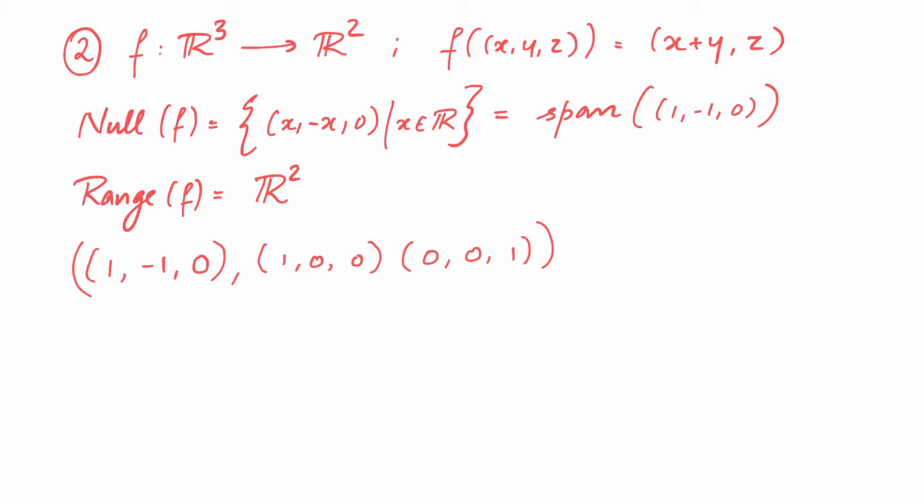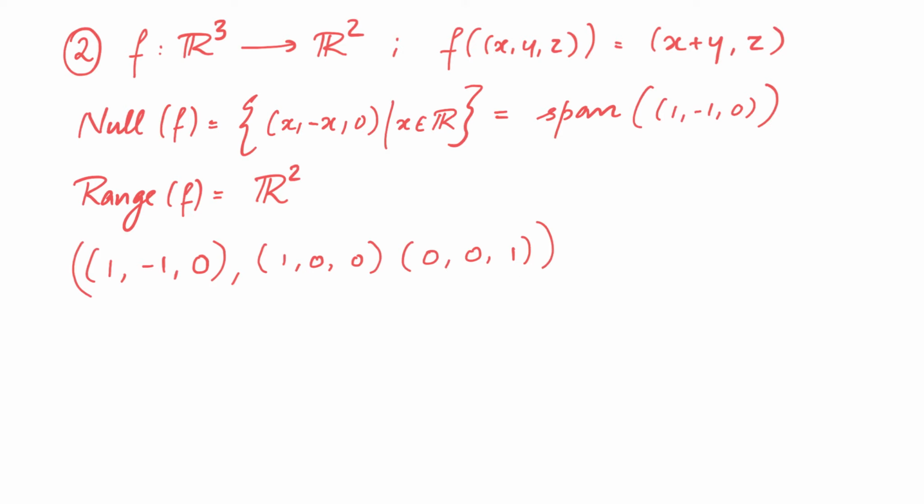Now notice that if you look at the images of these three vectors, those three vectors will span range of f, or in other words will span R2. However, the image of this vector is the 0 vector and therefore is uninteresting. So what is happening is the images of these two vectors itself will span the range of f.